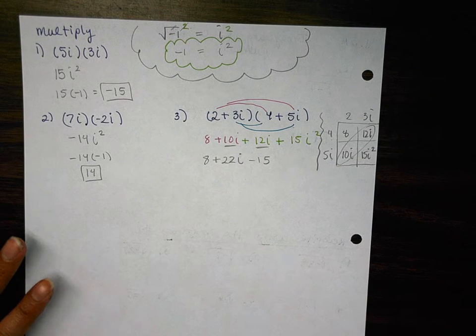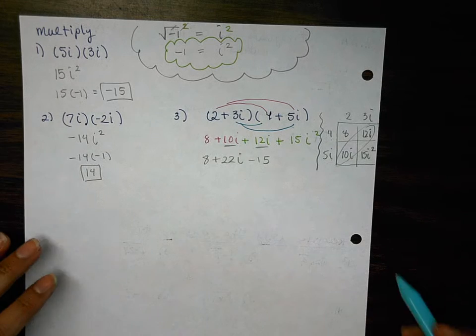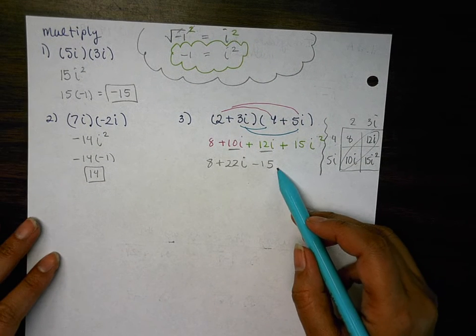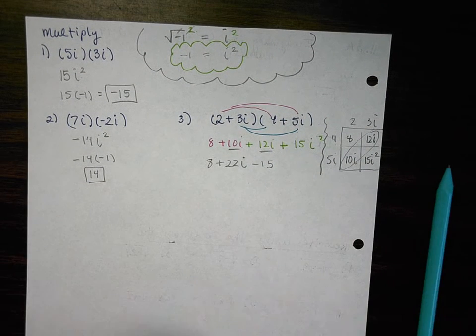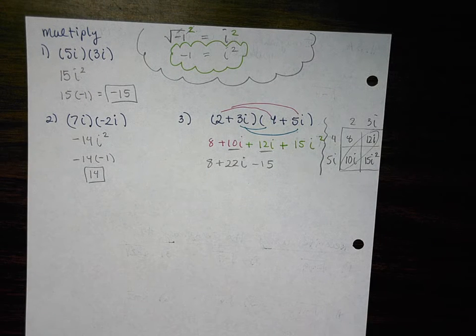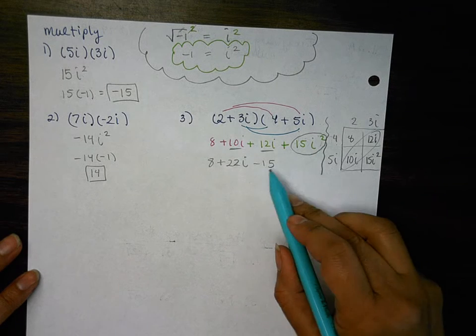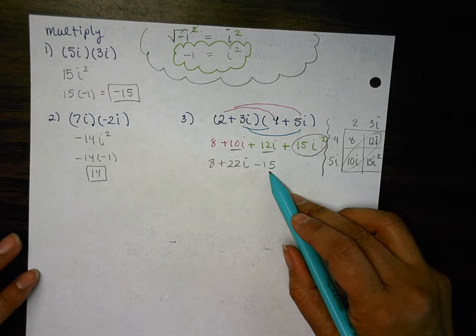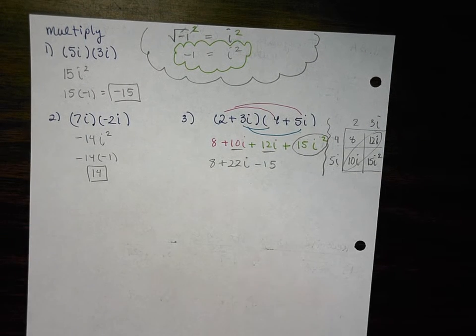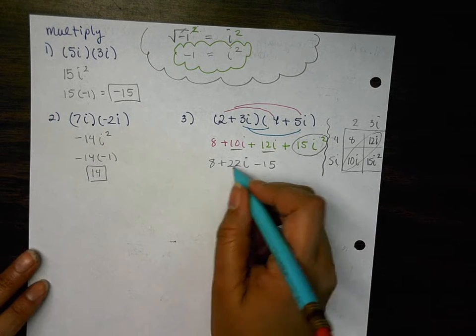-15. Good job. Who gave me that? Cesar said -15. Does everybody see how he got -15? We are going to keep on going. Before I address that, does everyone see that 15i squared is -15? Okay, John, why do we have to keep on going? What piece here can I still combine?